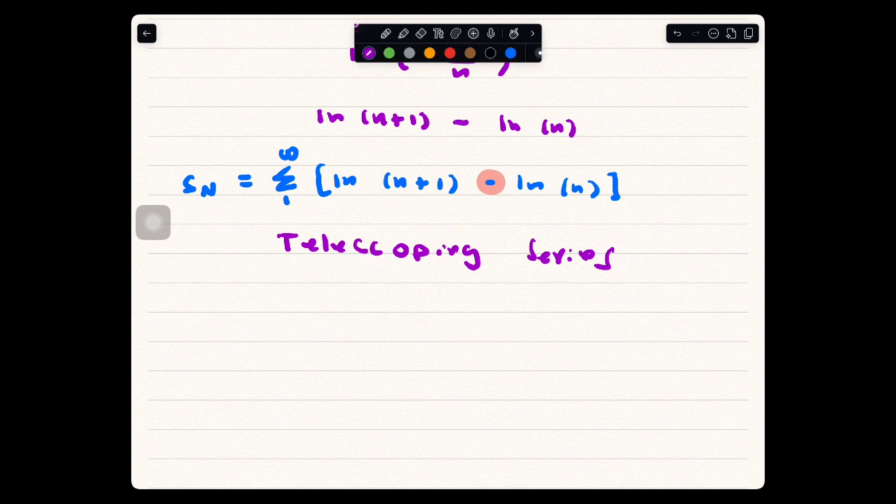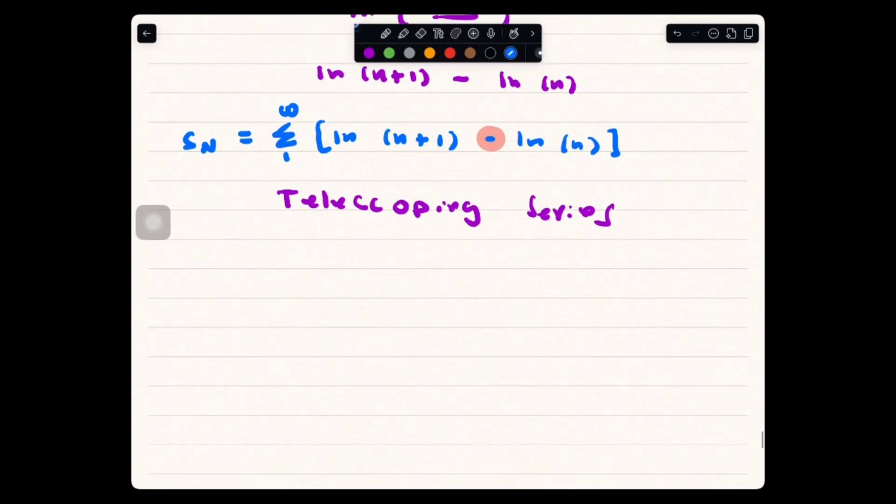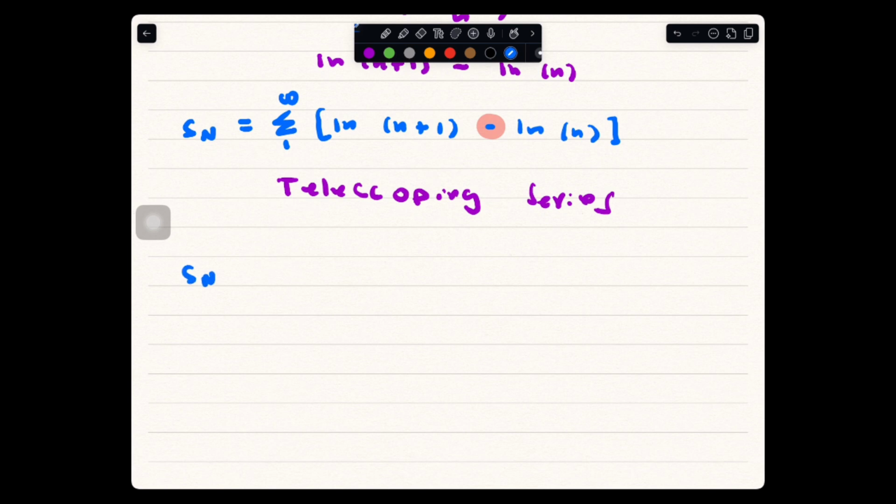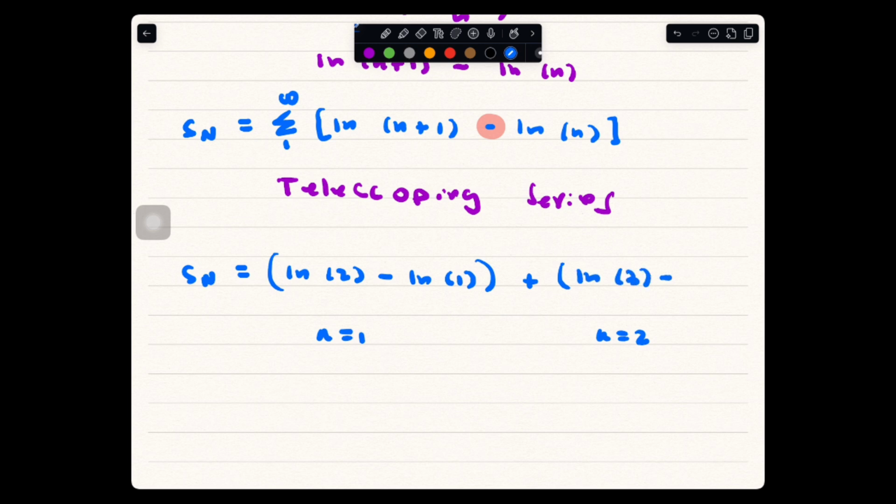Okay, well, in that case, let's take a look at the terms now, right? So Sn, when n is 1, this is where we start. We get the natural log of 2 minus the natural log of 1 here, okay? Plus, now n is 2, the natural log of 3 minus the natural log of 2 by just plugging in the values for n.